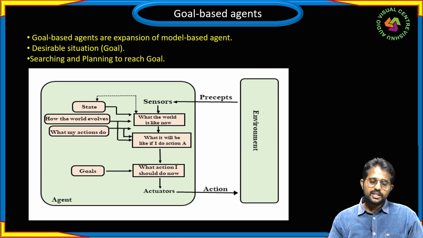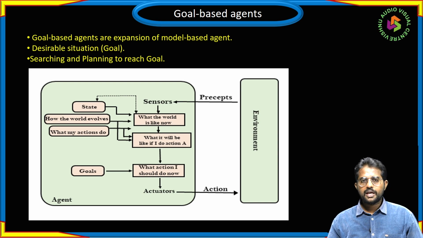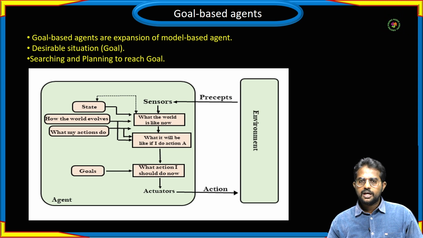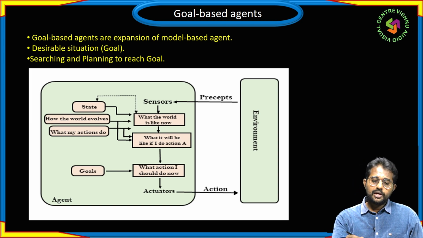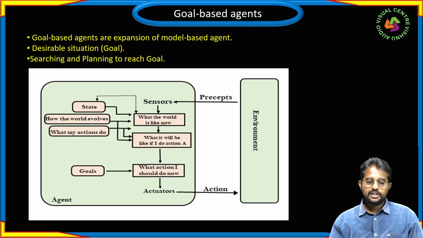So these goal based agents concentrate mainly on the actions I am going to take. After performing that action, am I getting nearer to the goal node or not? This is the main working of the goal based agent.